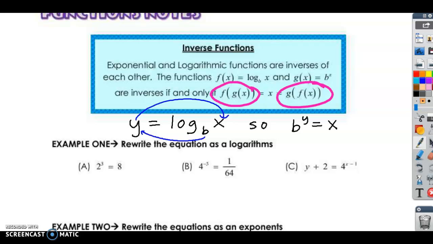So basically what this looks like is, if you have to rewrite an equation that's in logarithmic form into exponential form, this base to this power equals x.